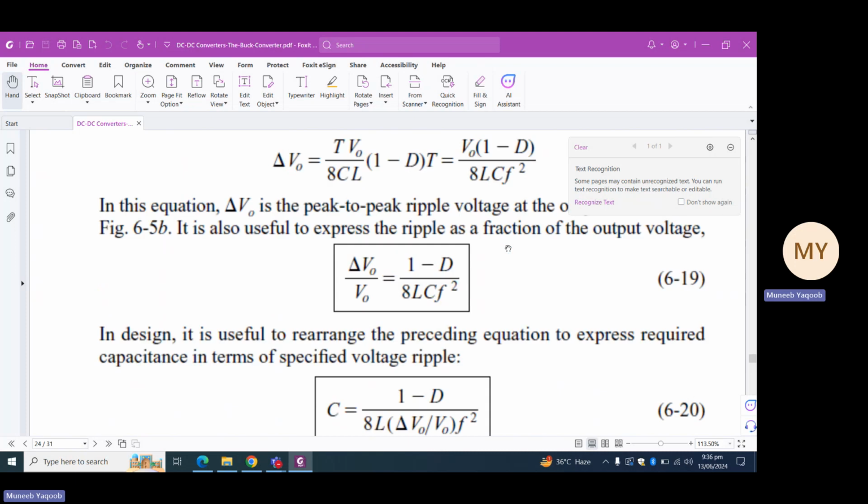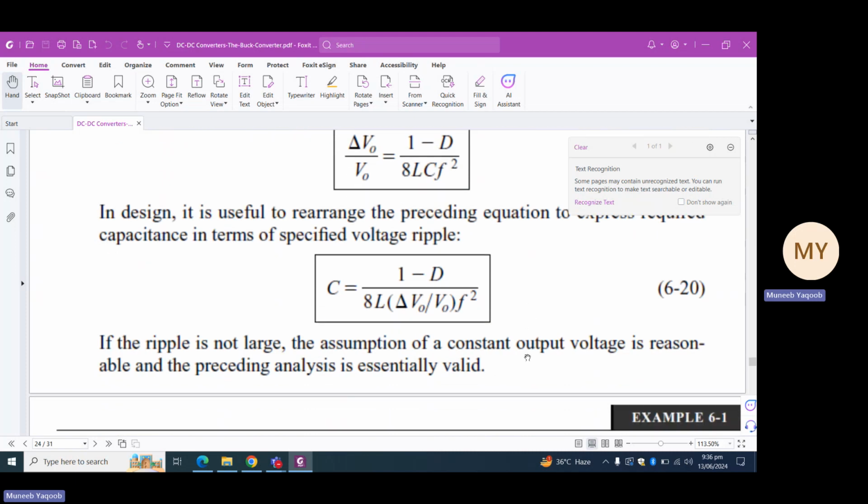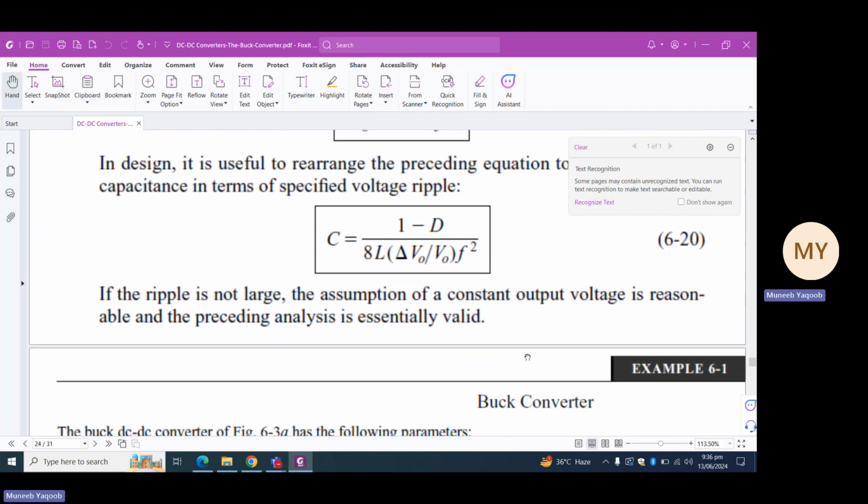Now, from this equation 6.19, if we make C the subject of the equation, we can easily find the value of capacitance for a particular percentage ripple that is allowed to us. So this was all about the buck converter configuration.